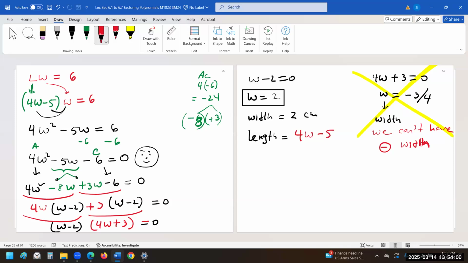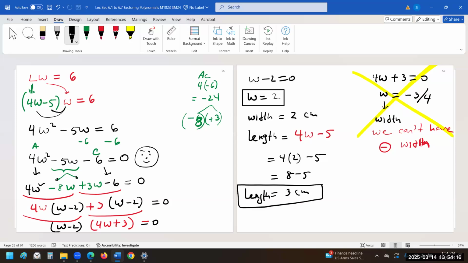It's 5 less than 4 times the width. 4 times 2 minus 5. 8 minus 5, which is 3 centimeters. So width is 2 centimeters, and length is 3 centimeters. So it's a tiny triangle.